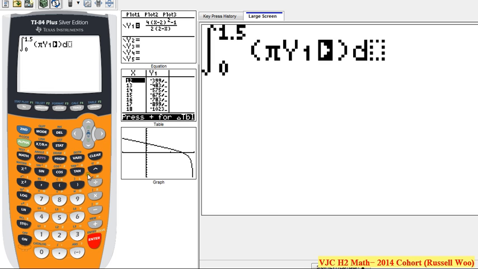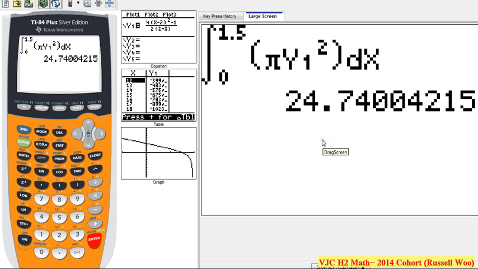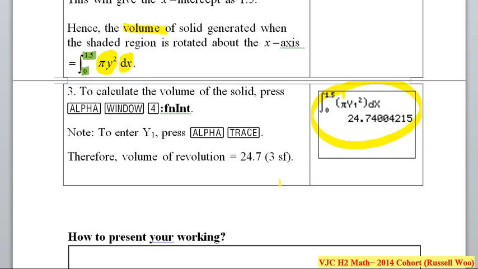Sorry. Square. And the calculator actually knows what your y1 was. Press enter. You get 24.7. Nice. Which is what we're talking about here. Done. Okay, detailed instructions are in the notes, not going to go through.